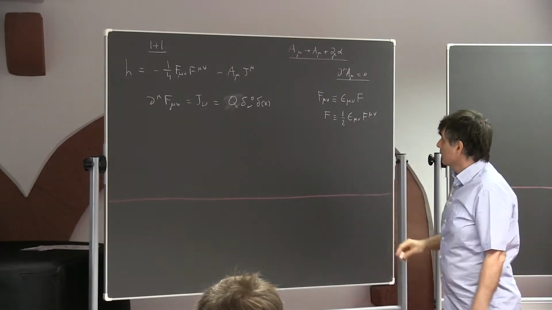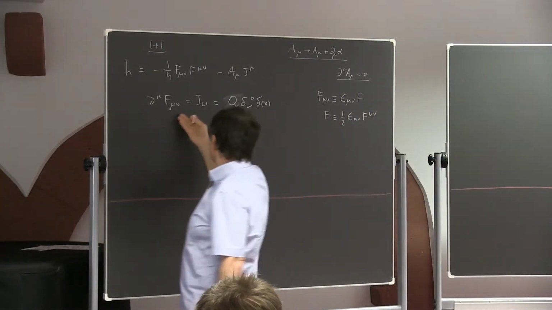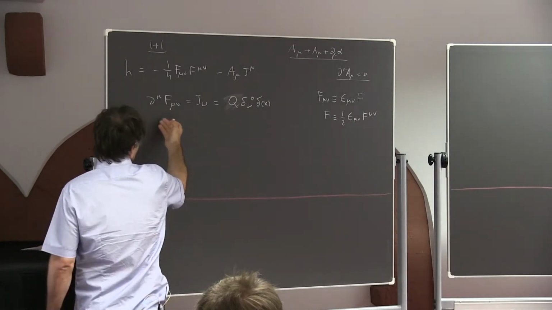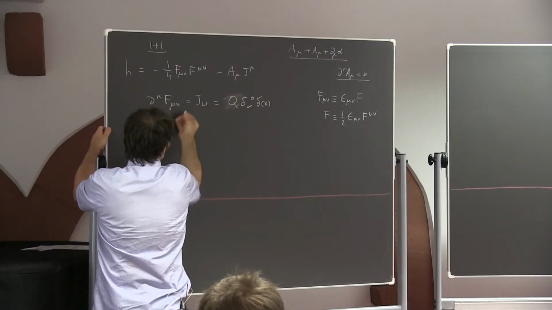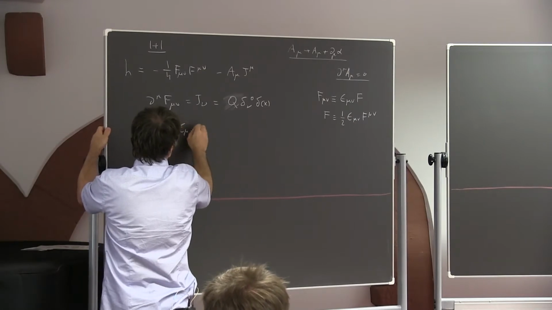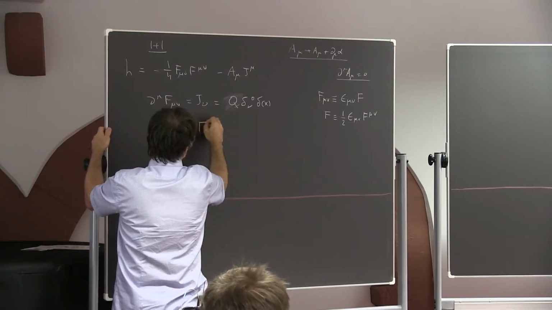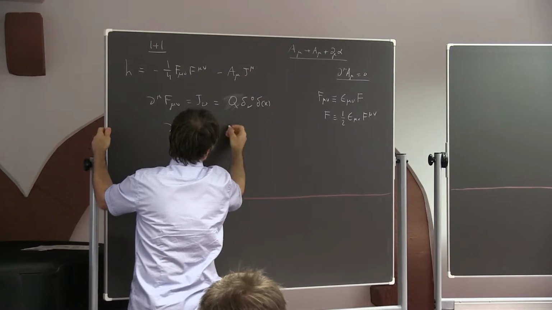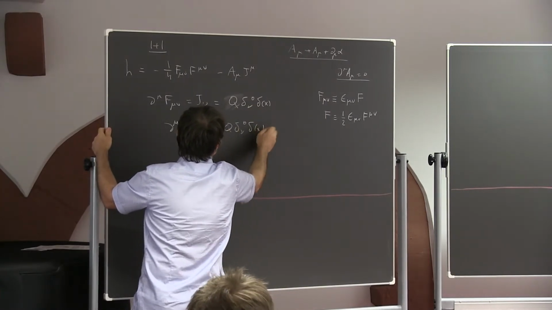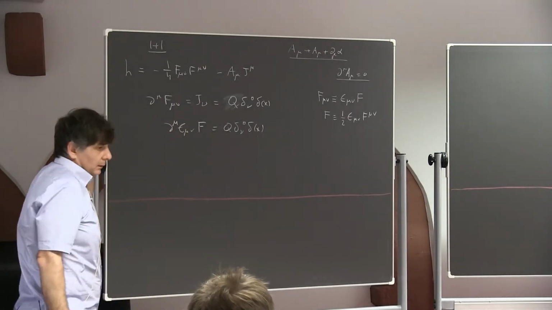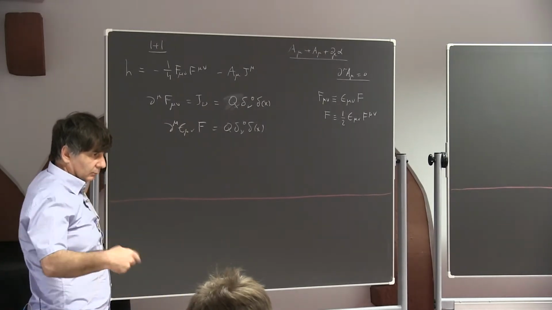And so using this, you can see immediately that the equation of motion, epsilon mu nu acting on F, is this guy, q delta of x. So there is a jump at the location of the charge.